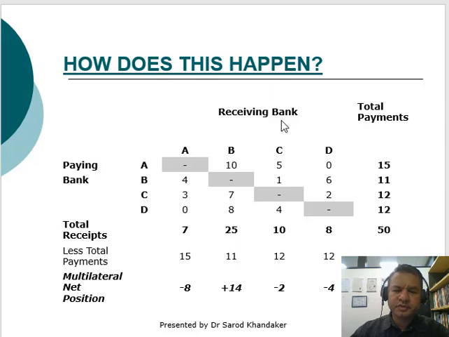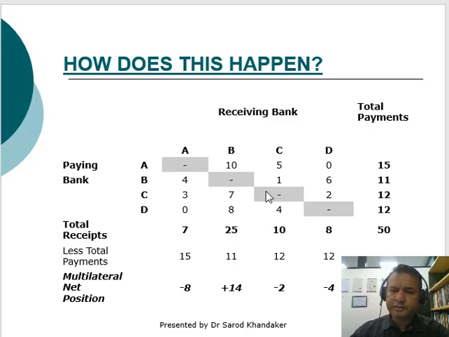On the receiving side, Bank A will receive $7, Bank B will receive $25, Bank C will receive $10, and Bank D will receive $8. So if Bank A receives $7 and needs to pay $15, then the net position will be negative $8.